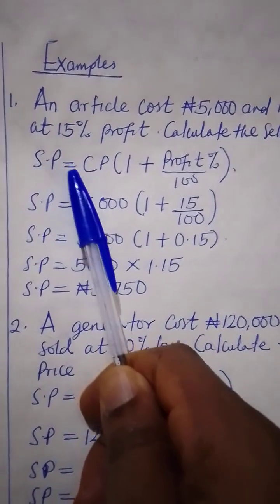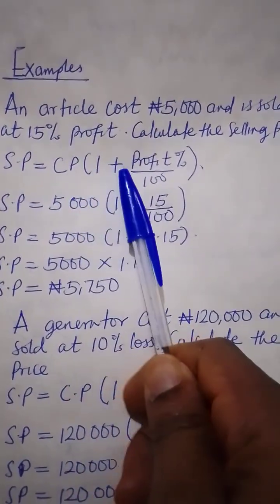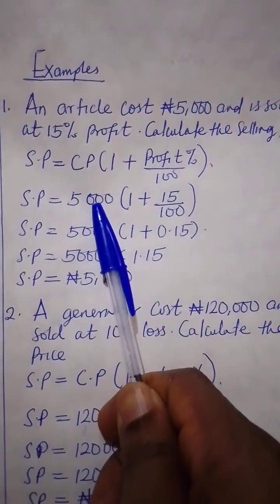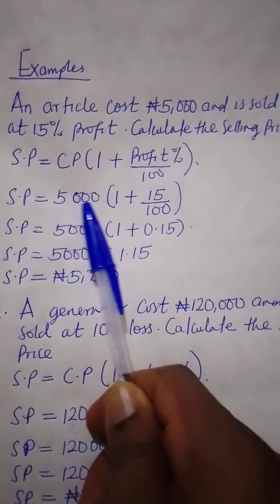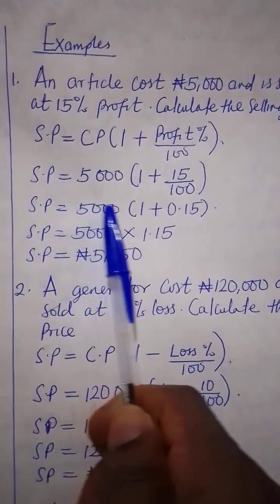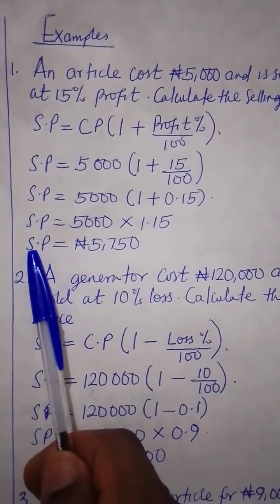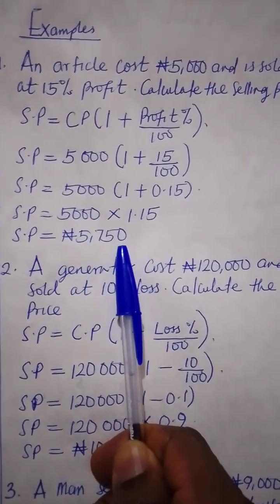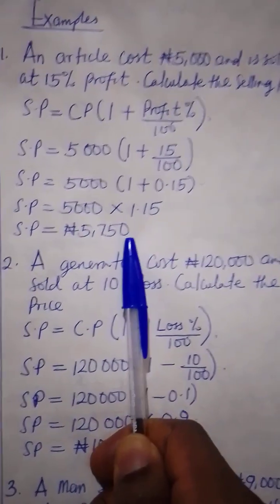Selling price is cost price into 1 plus percentage profit over 100. We are given the cost price to be 5,000. We are given the profit percent to be 15. If you resolve this properly, you end up with 5,750. Just follow the steps through.